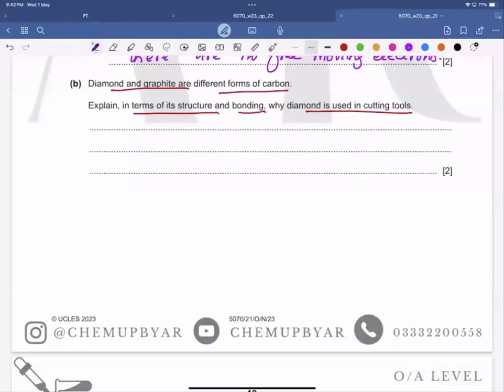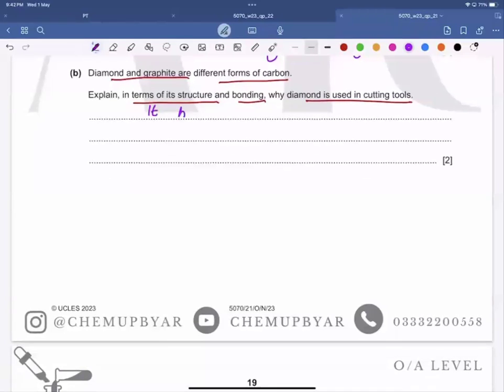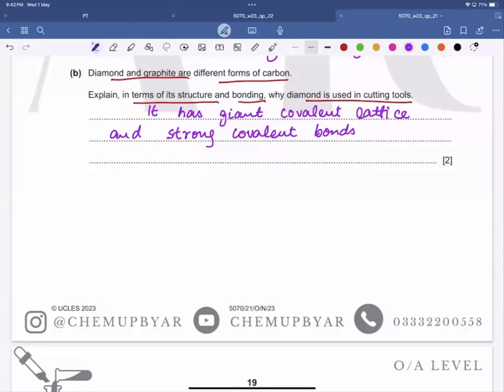So the first thing is that it has a giant covalent lattice and strong covalent bonds between all the atoms in the lattice.